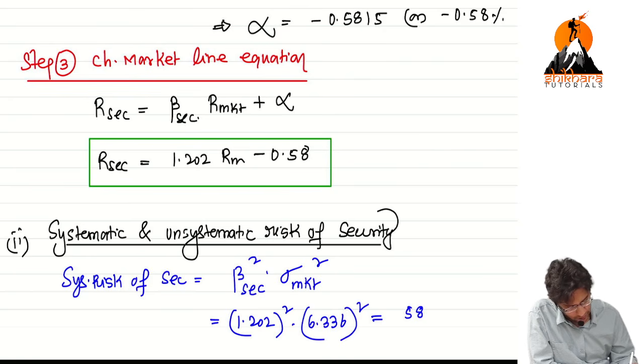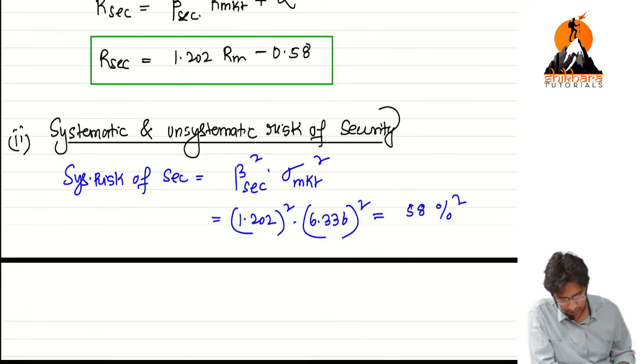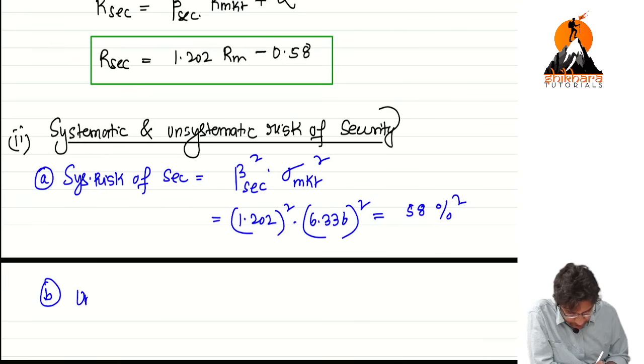Did you get the same answer? Same answer, no? 58.00. Next, unsystematic risk.